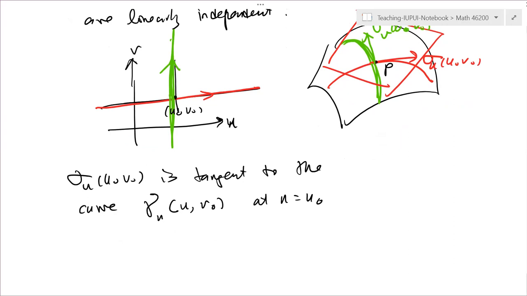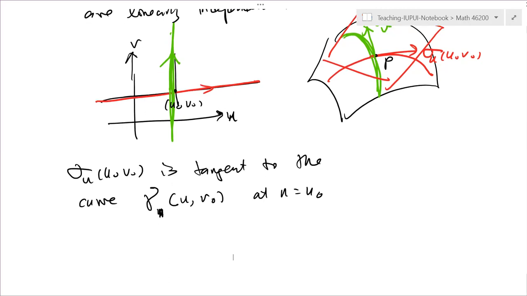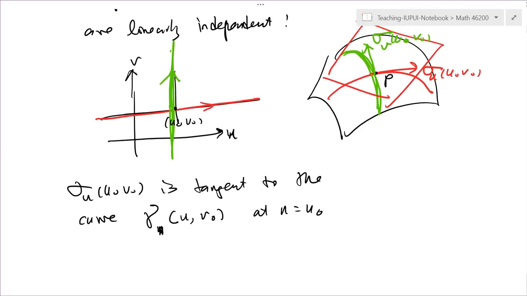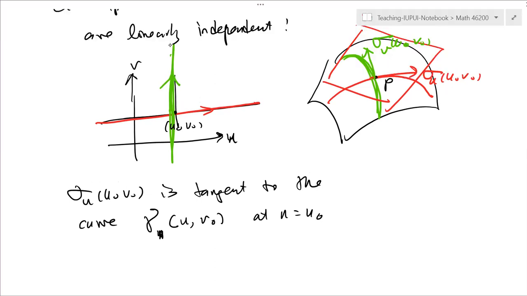Well, it's not a good notation. Maybe I just call it gamma 1. If you fix v, then you get a curve. And for different horizontal lines, you get different curves, right?